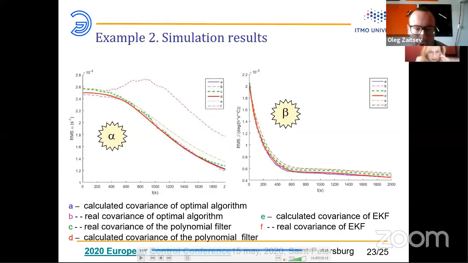And the last question: what will be changed in the proposed algorithm if we deal with a polynomial order more than 2?